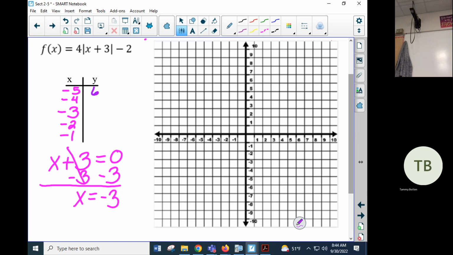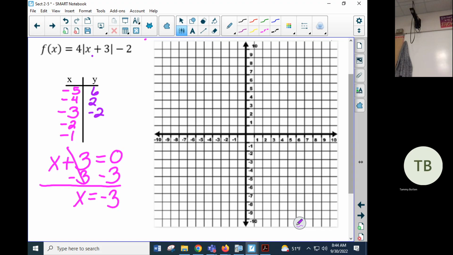Okay, if I put -4 in there, -4 plus 3 is -1. Absolute value of -1 is 1. 1 times 4 is 4. 4 minus 2 is 2. When I put a -3 in here, -3 plus 3 is 0. 0 times 4 is 0. 0 minus 2 is a -2.